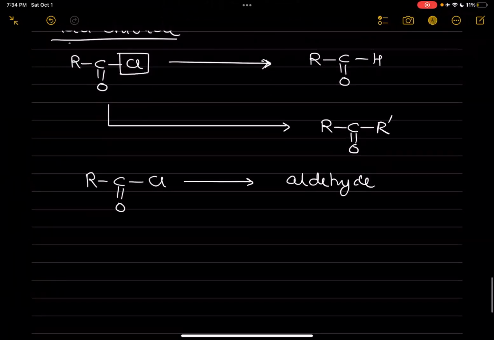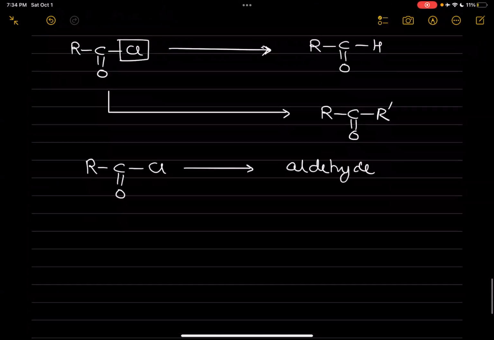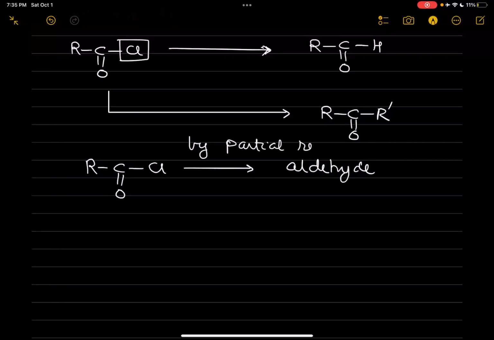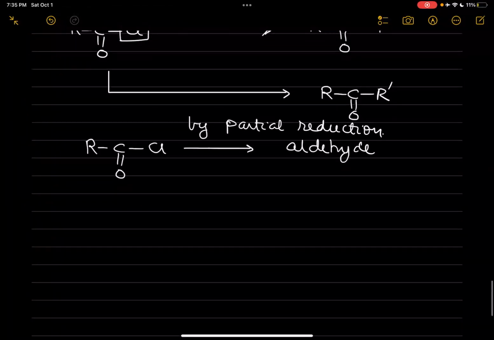So you can convert it to aldehyde by doing partial reduction. Partial reduction of acid chloride. So partial reduction, what you are going to use?